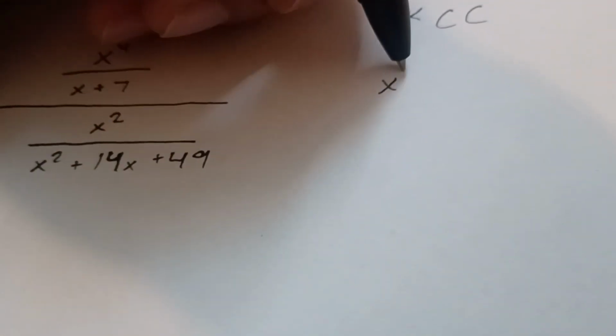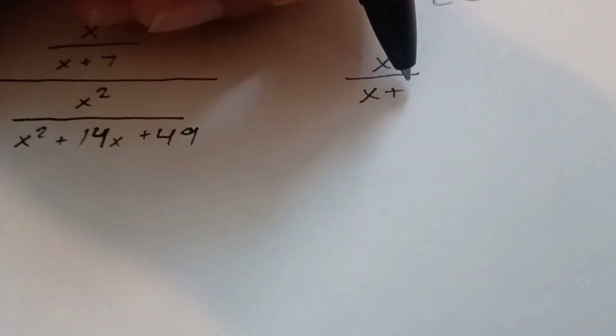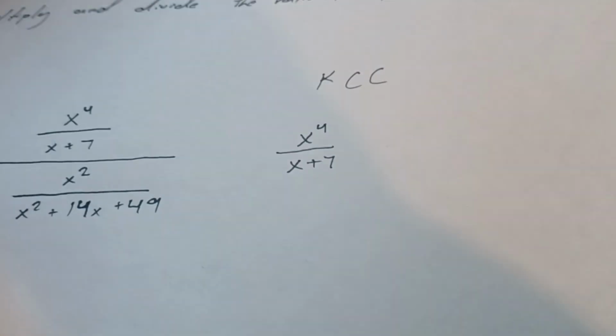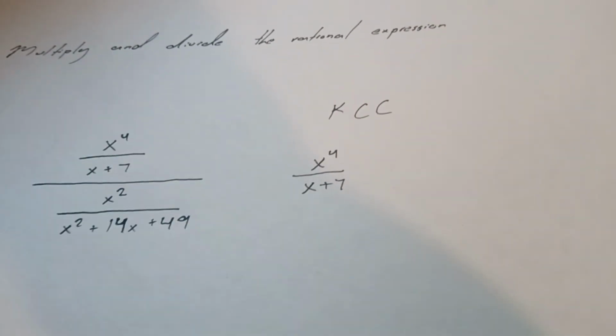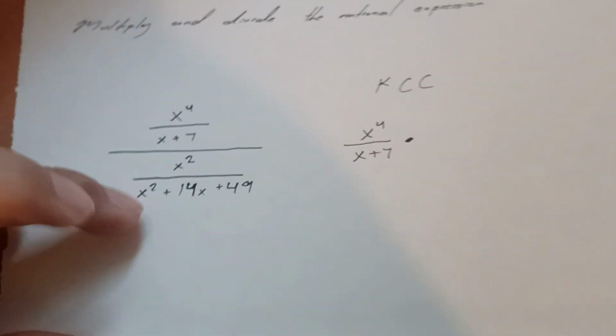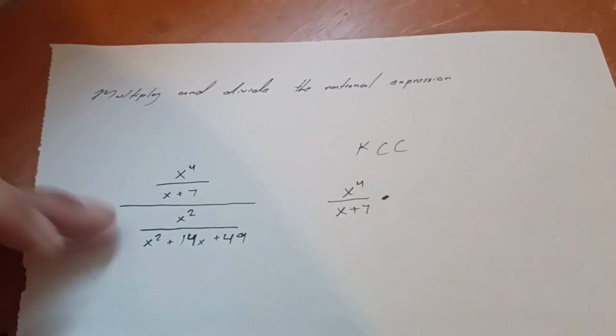So we have x to the fourth over x plus 7, right? And then you keep this, you change the sign. This is division, you change it to multiplication. Times, keep, change. Now we change the order of this. So we put the denominator in the numerator and the numerator in the denominator.